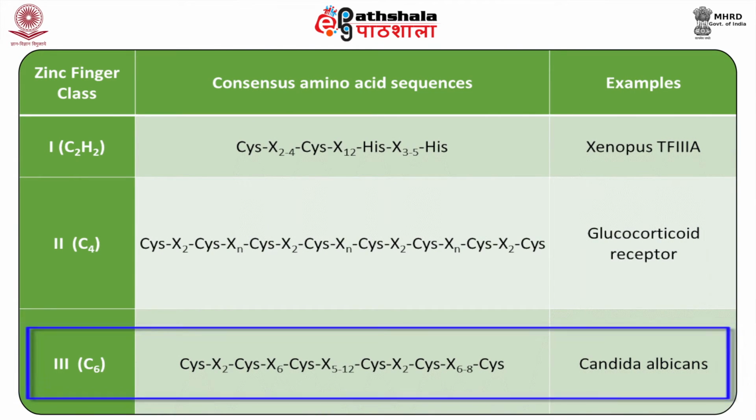Class 3 zinc finger proteins, also known as C6 zinc finger. Members of this class of zinc finger proteins possess the well-conserved motif cysteine X2, cysteine X6, cysteine X5 to 12, cysteine X2, cysteine X6 to 8, cysteine.